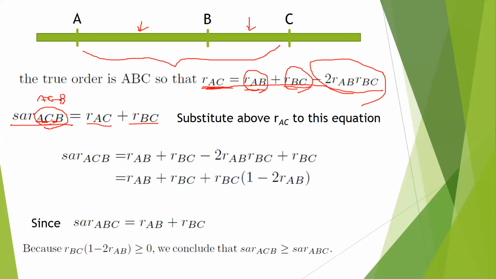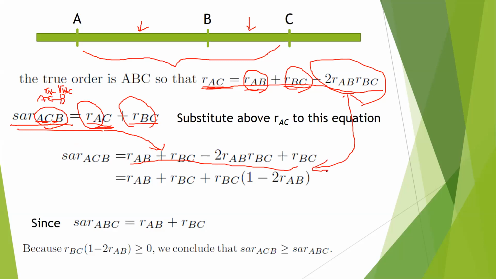In this order, there are two adjacent R values, which are RAC and RCB, right? RBC. Is that correct? And then you just add up these two. By definition, this is the SAR value. And now this thing can be replaced by this because of this. After the rearrangement, you get this. So this is the value for the SAR ACB.